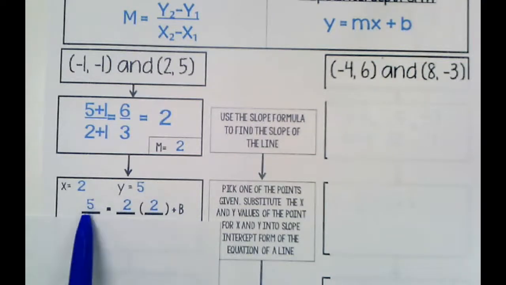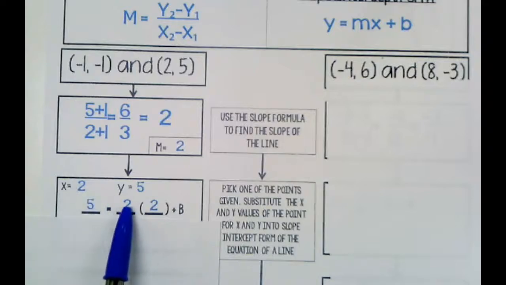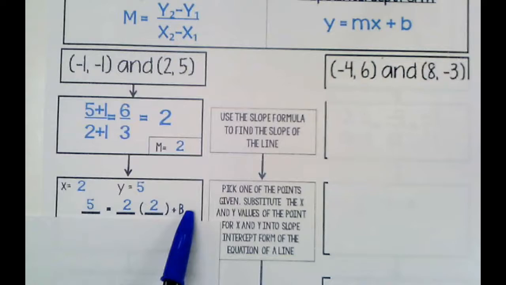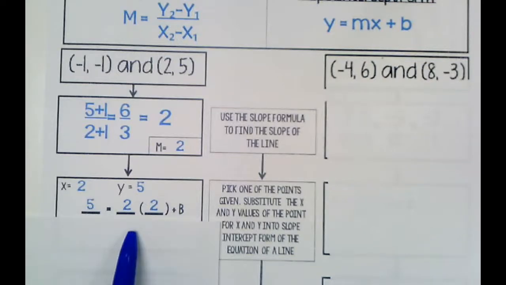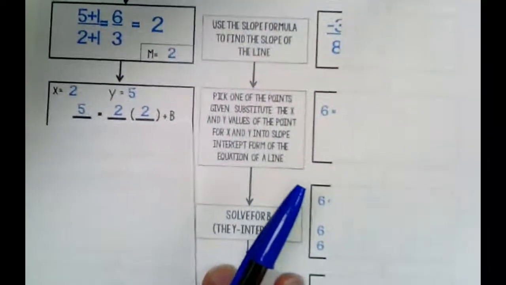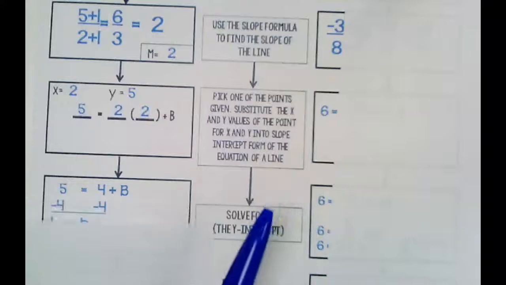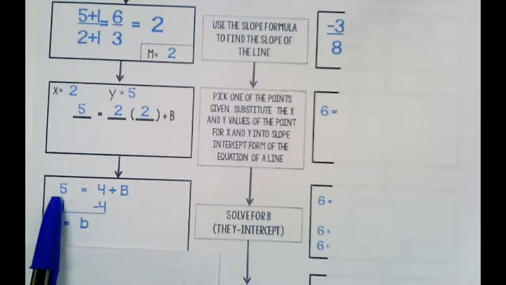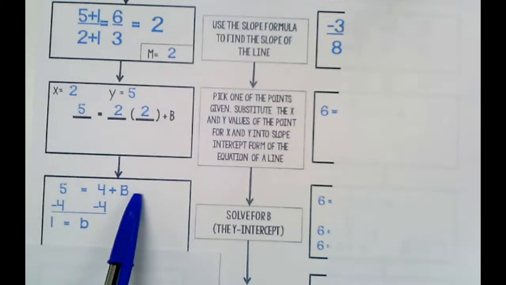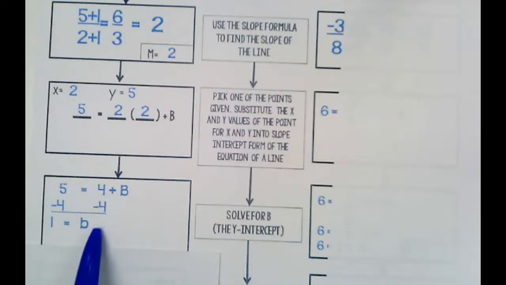So 5 is equal to 2 times 2 plus b. Now we're going to solve for the y-intercept. We simplify: 5 is equal to 4 plus b. Since the 4 is positive, to move it, we subtract it, and we find that our y-intercept is 1.